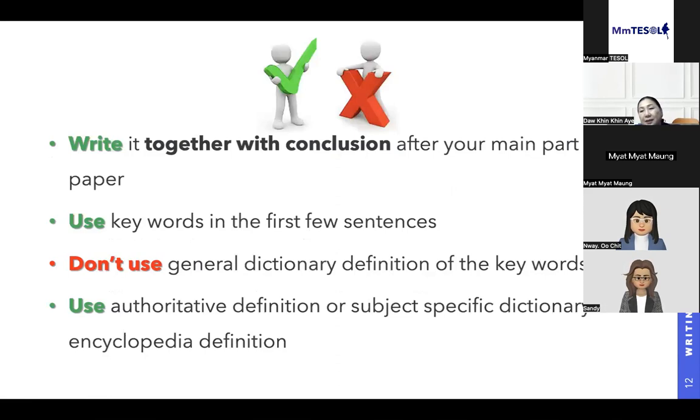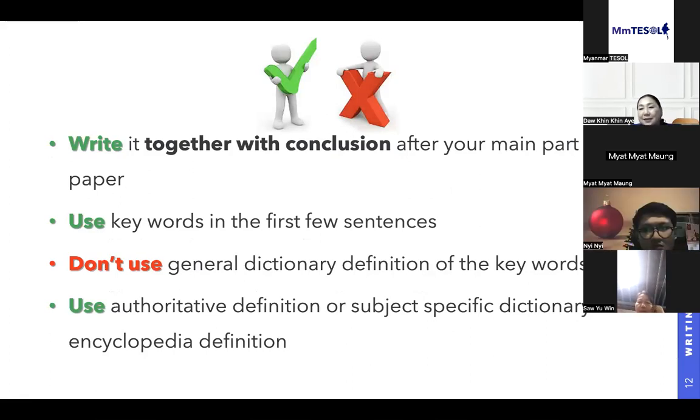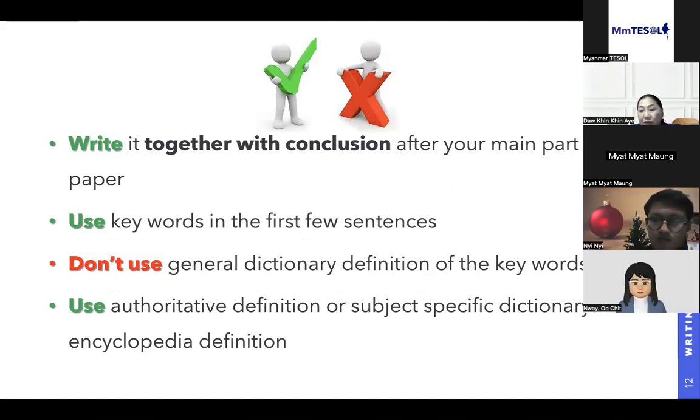Now, as I mentioned to you, when you first write the introduction in the beginning of your research journey, as long as you have included all these, I think fine. But the thing is that after you have conducted your research, after you have written the findings, results, discussion and conclusion, for me, I did the same thing.